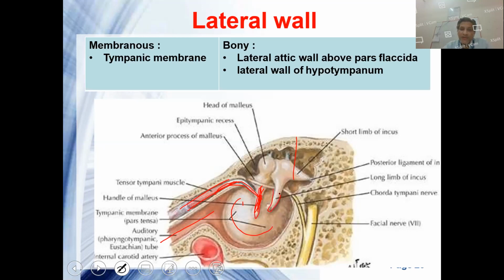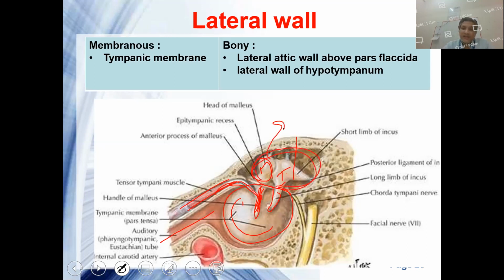And the long process of the incus. These two are present opposite to the tympanic membrane. This is the incus obviously, and this is the malleus. The head and neck of the malleus and the short process of the incus are all present in the attic part.